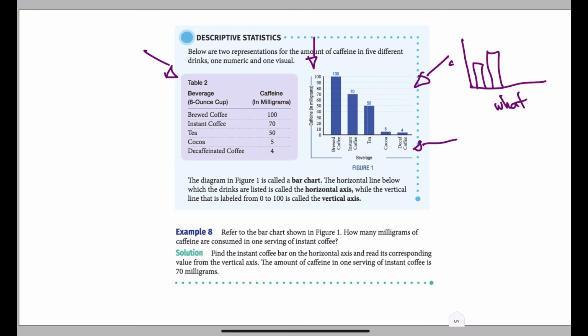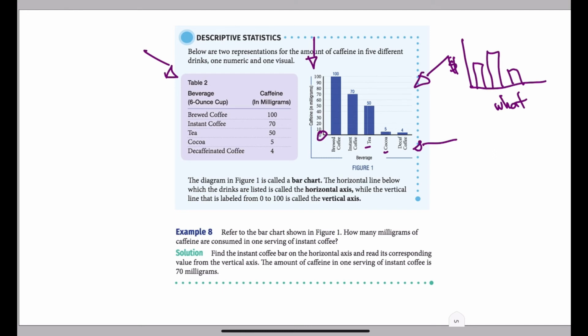So maybe the money, the value of something, for instance, or the cost of something. So those are the axes. And notice how in the case of the vertical axis, it starts at 0. So we've got a really fair comparison. We can see that the tea and cocoa are pretty far apart in terms of their caffeine content. And we can see that visually.